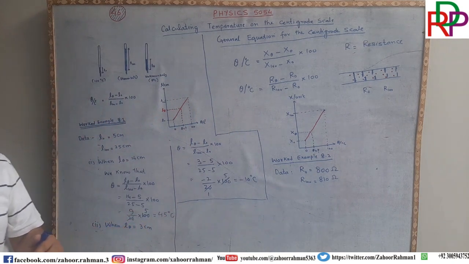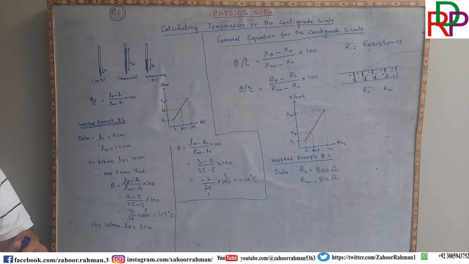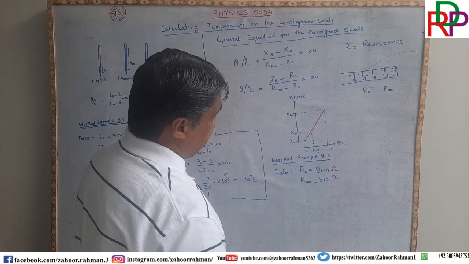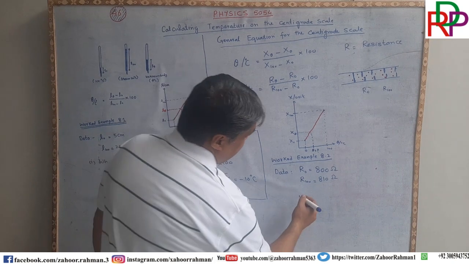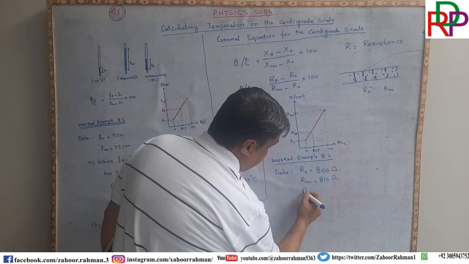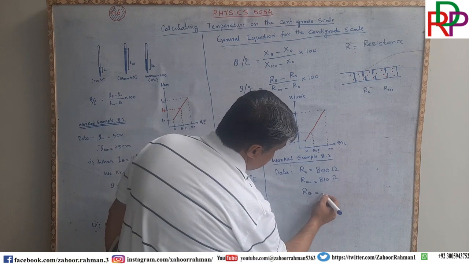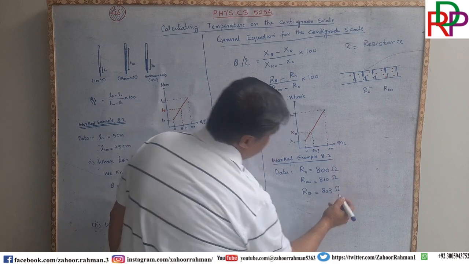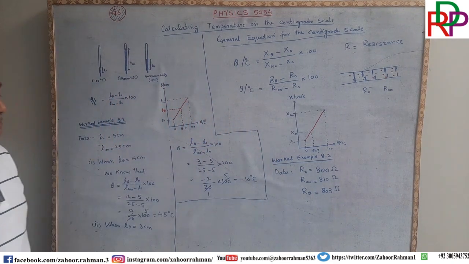They further ask us to calculate the room temperature if the resistance of this wire is 803 ohm. So R theta is equal to 803 ohm.